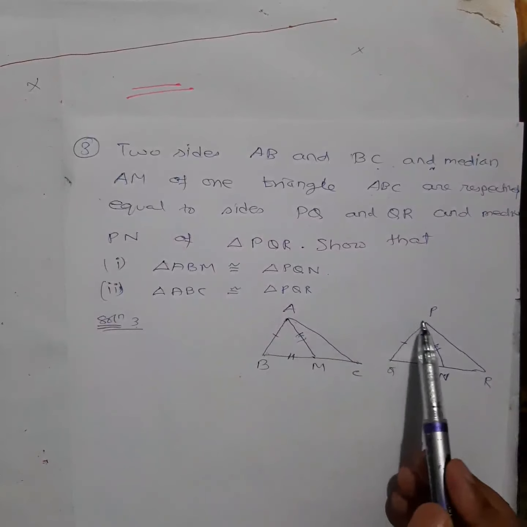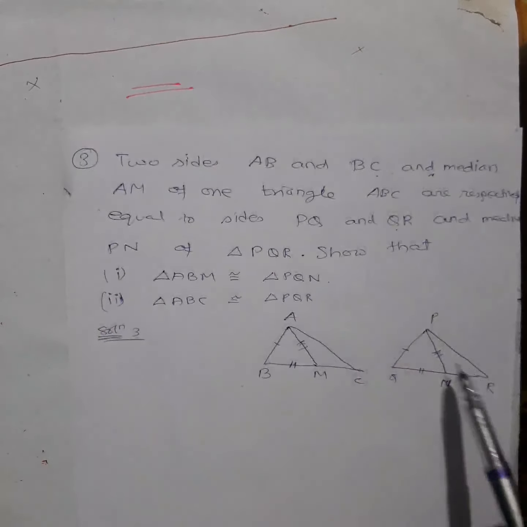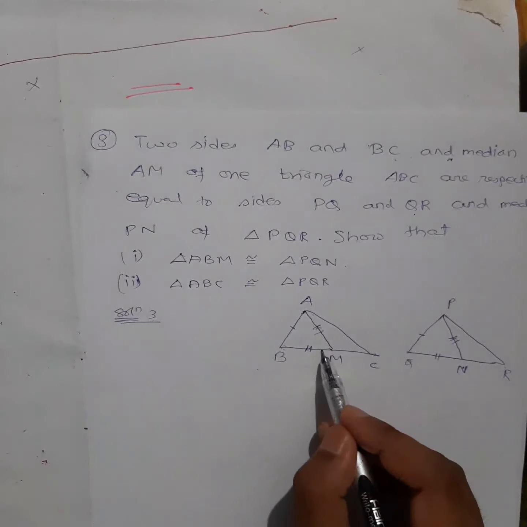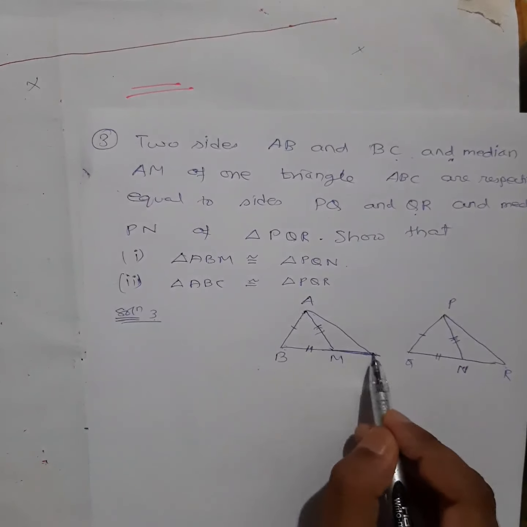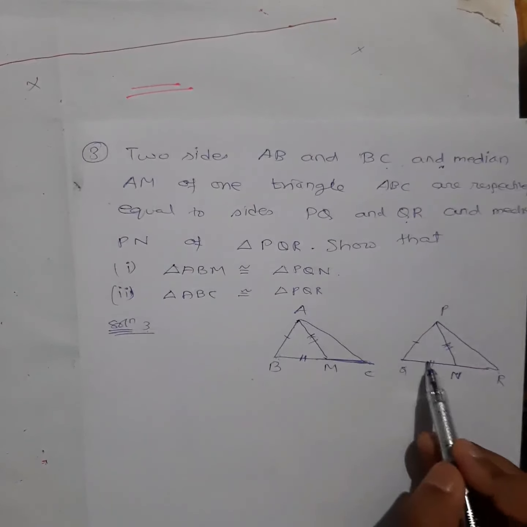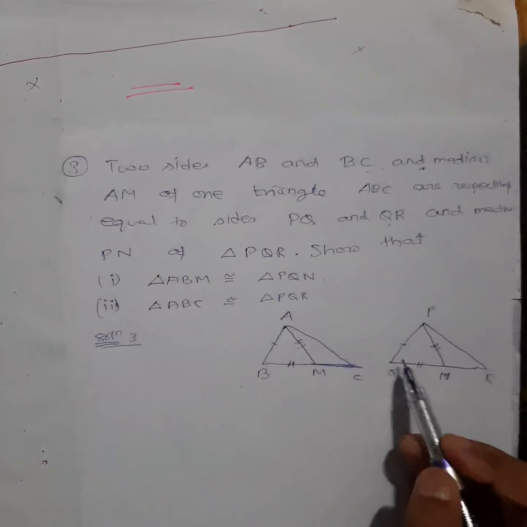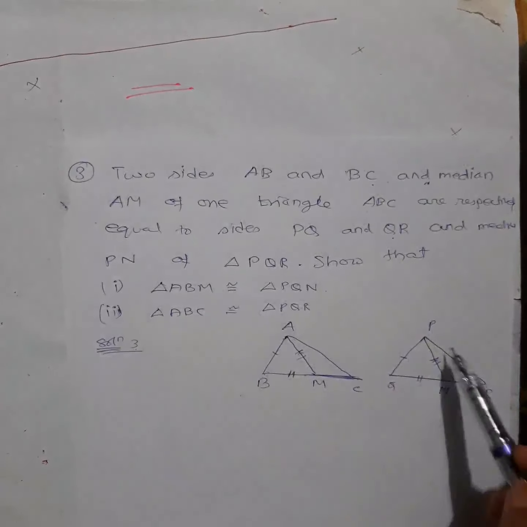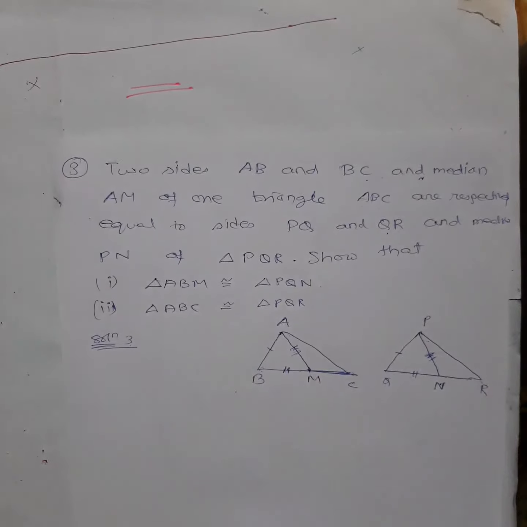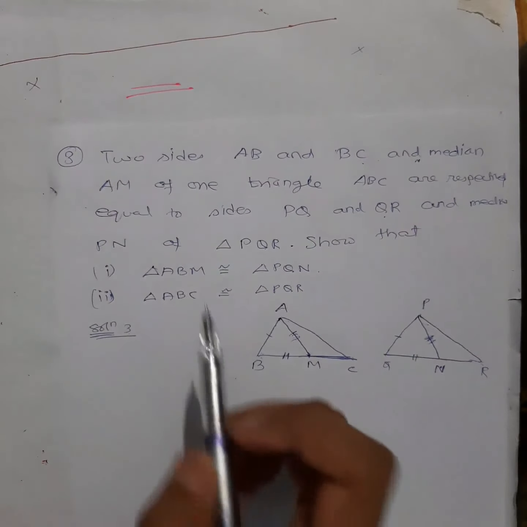So AB is equal to PQ, BC is equal to QR, this whole BC. This BC is equal to QR. Don't think that this portion and this portion are separate, it's the total side. And the median, so this is also a median, so this and this are also equal. This one is also a very simple question.